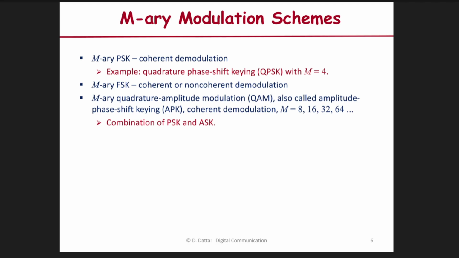Similarly, you can have M-ary FSK. For M-ary FSK, you can have coherent demodulation, and you can also have non-coherent demodulation. Why and how, we'll discuss later. If you are interested to know exactly why, I can give you a small hint. Suppose you have a binary FSK, so there are 2 frequencies coming, either cos omega 1t or cos omega 2t.